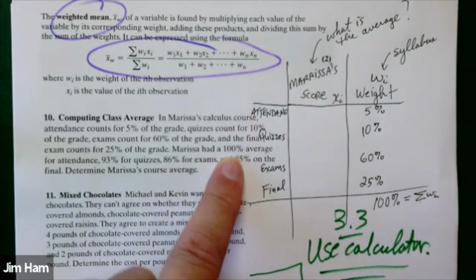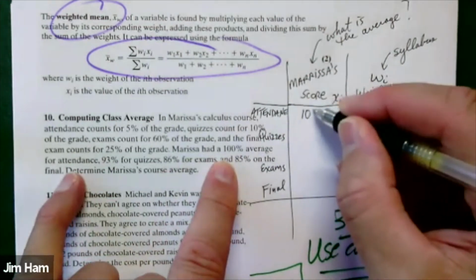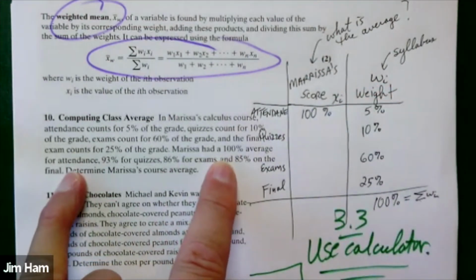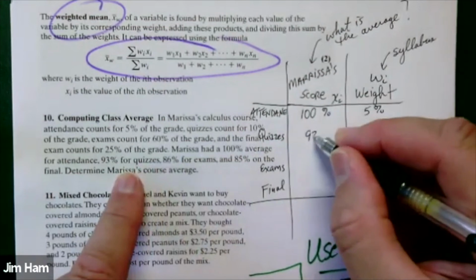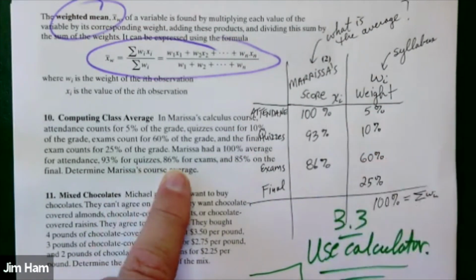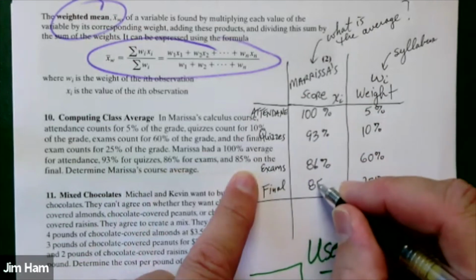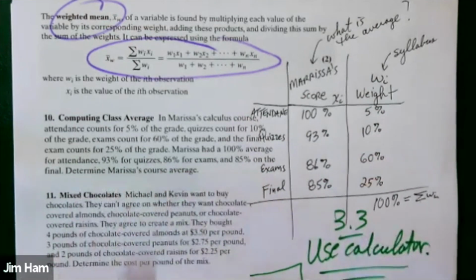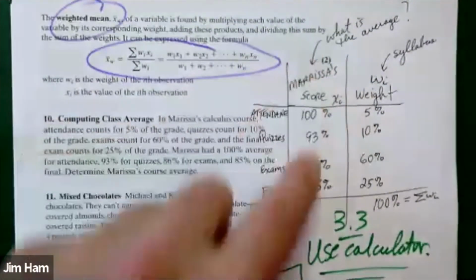All right, for the X's, we read on. Marissa had 100% average on attendance, so I'm going to put 100% here. She had 93% on the quizzes, 86 for the exams, and 85 on the final. Determine Marissa's course average, so her average score. So we're trying to calculate the average here.